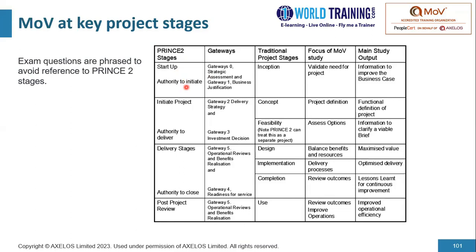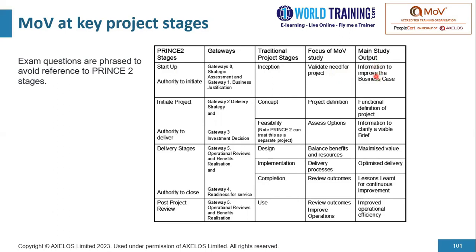The traditional project stage would be the inception stage; Prince2 uses the term startup. As a part of the startup phase, the focus of MoV is on validating the need for the project. Why is it that we need to invest? And the main study output is information to improve the business case.